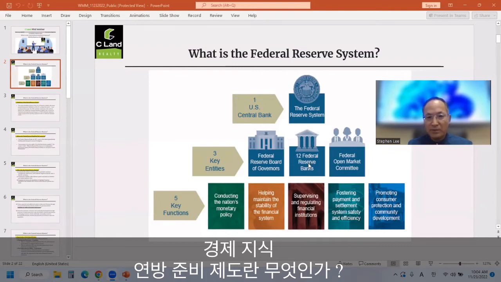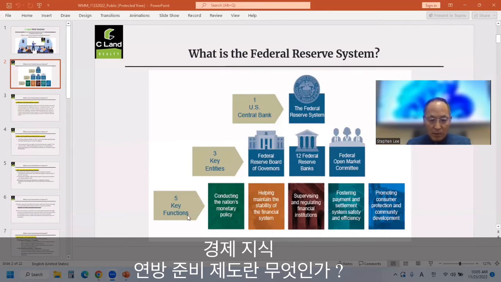There are 12 different banks in the United States, and we're going to learn where they are located. Another entity is the famous Federal Open Market Committee, we call it FOMC. Probably you hear it many times, almost every day in the newspaper: FOMC did this, FOMC will do this, etc. So, three different organizations under the Federal Reserve System.